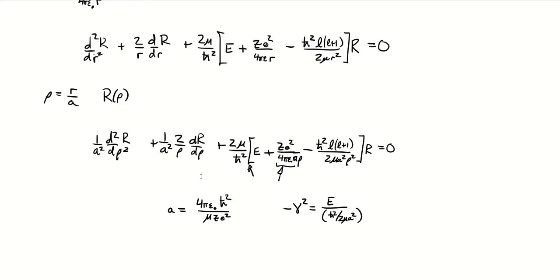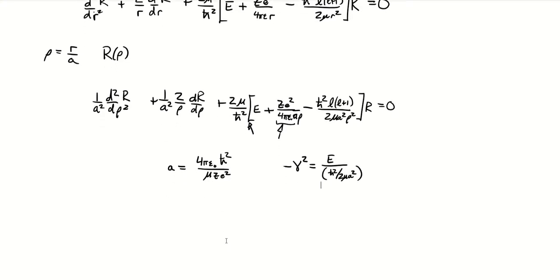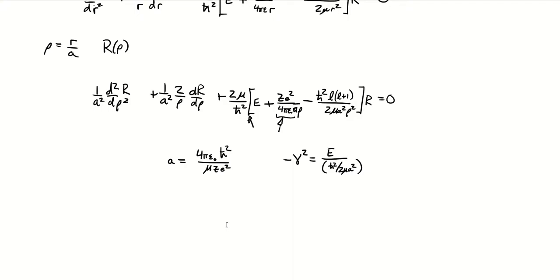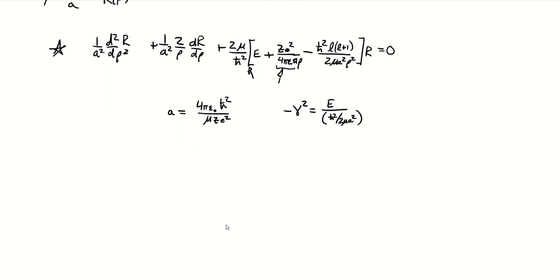So defining all of these things, we can clean up this whole messy differential equation with all these terms. And again, all we've really done is some substitutions, some algebra.